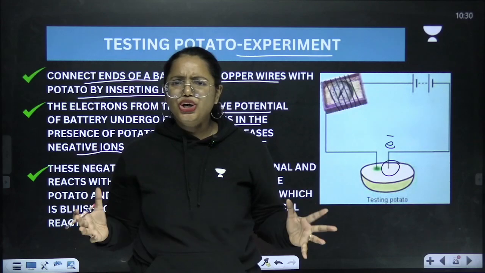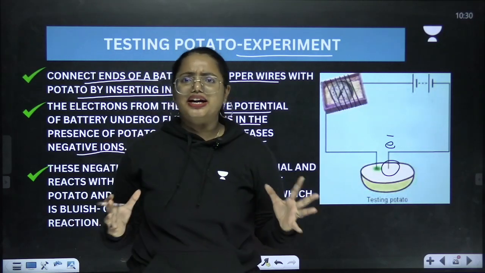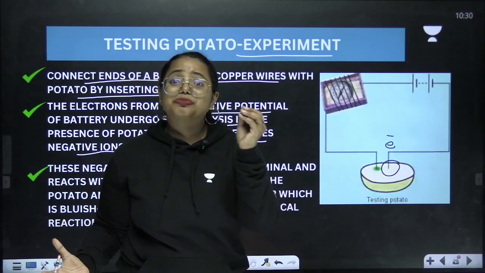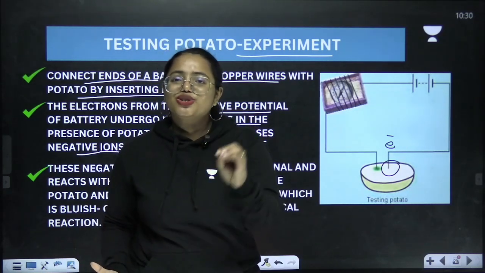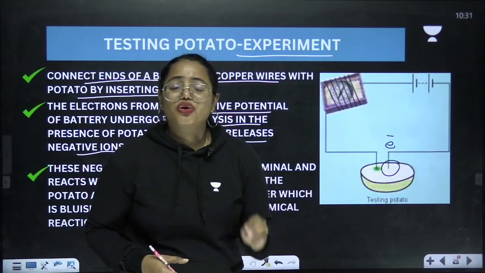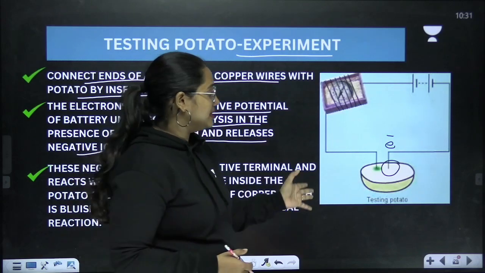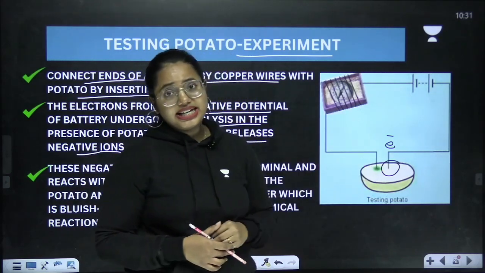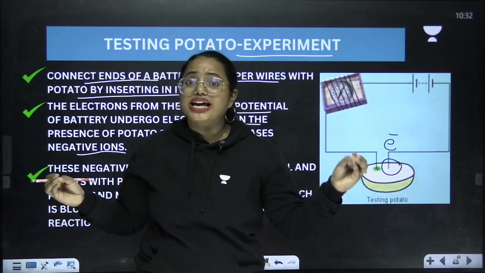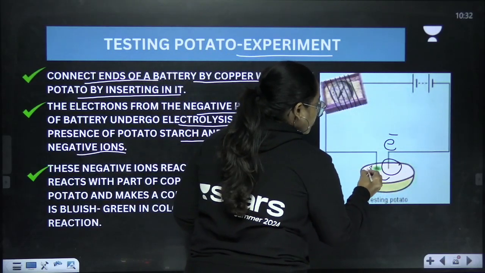But I told you that electrolysis is happening here, so there must be a conducting solution. What is the conducting solution? It's potato starch. So potato starch acts like a conducting solution here, and therefore electrolysis occurs, and negative ions are released.